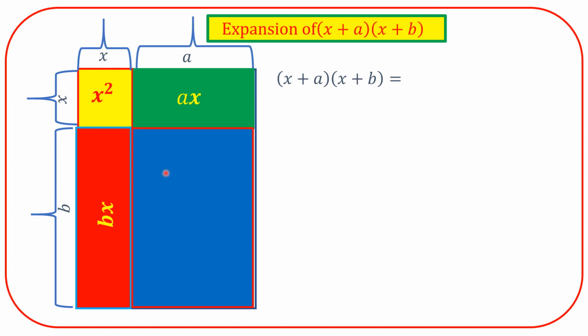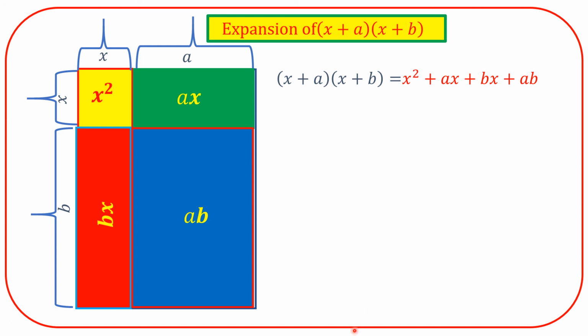What about this blue part? a and this breadth is b, that is ab. Now the area of this complete rectangle is equal to the sum of all these four parts. So write down x square + ax + bx + ab.